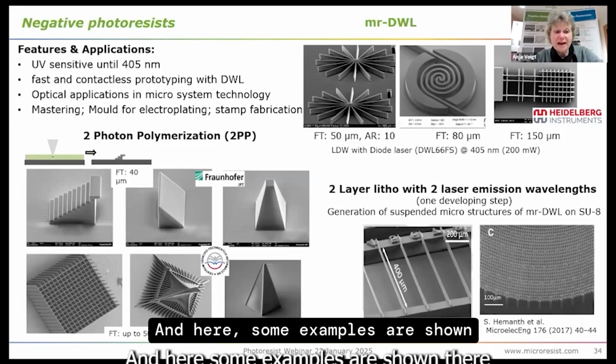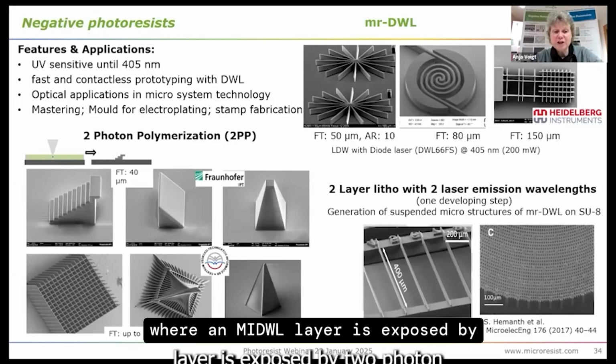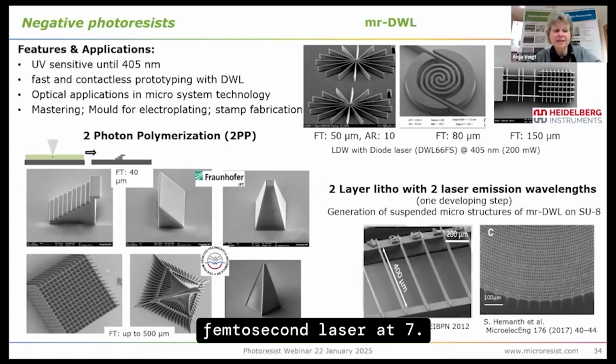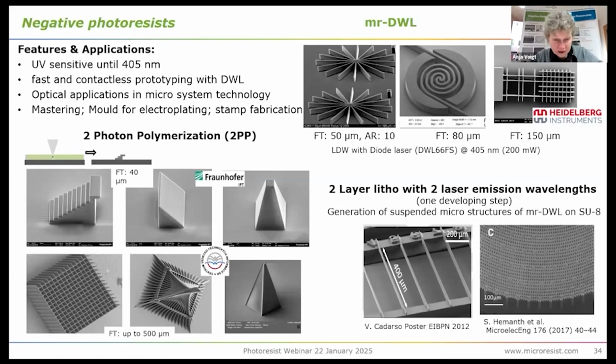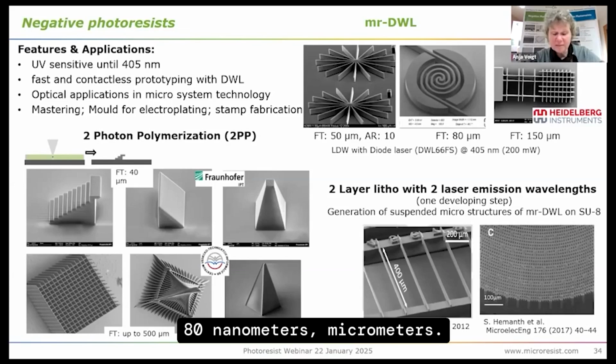And here some examples are shown where an mr-DWL layer is exposed by two-photon polymerization with a femtosecond laser at 780 nanometers.